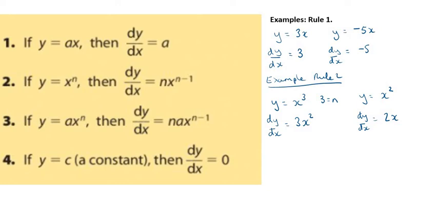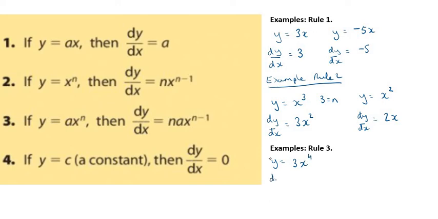Rule 3. So y is equal to ax to the power of n. So a is a natural number, so we'll say y is equal to 3x to the power of 4.